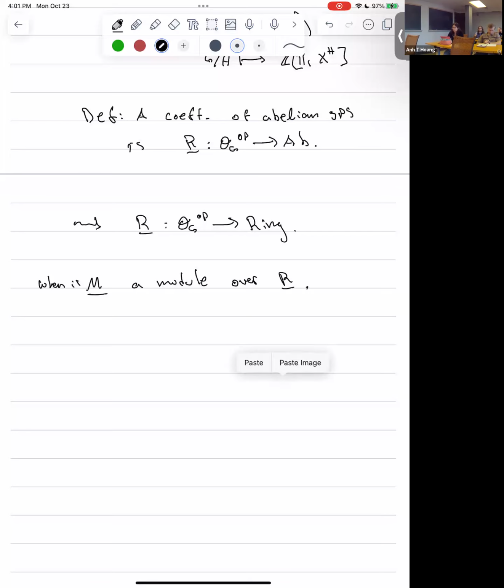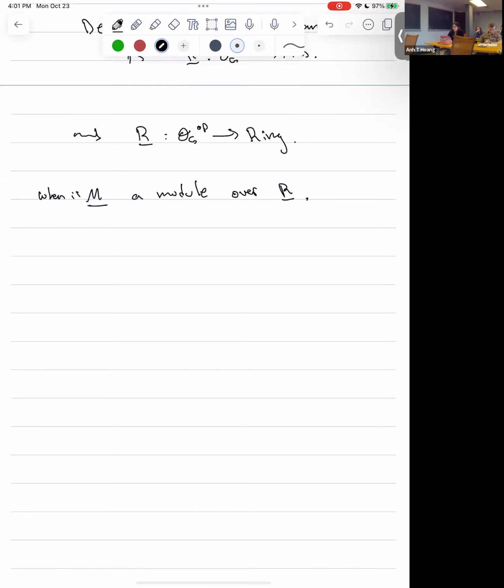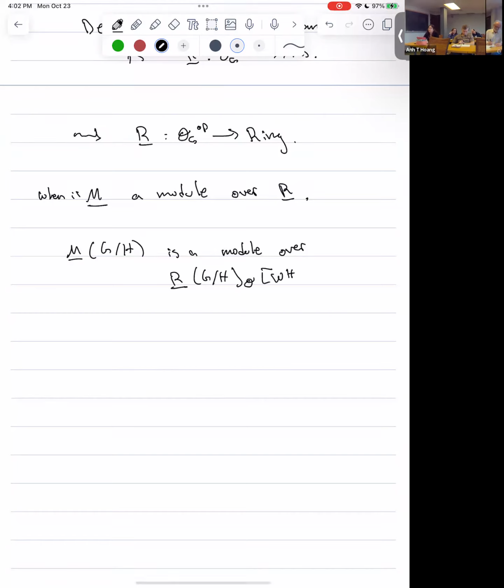And the answer is not when it's pointwise a module, but that's pretty close. So this is maybe a lemma. This is a module. So this is kind of a weird looking object.